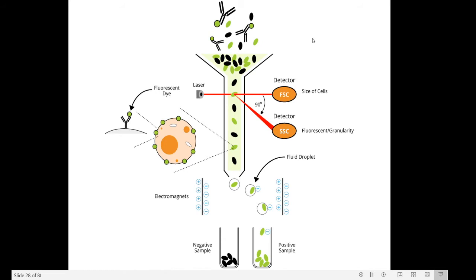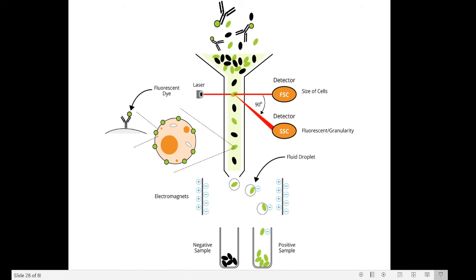Okay, in this step they have the group of cells. That group of cells has an antigen with fluorescent dye on the cell surface, right? This fluorescent dye on the cell surface is the recognition molecule. If there is fluorescence, okay, that is the cell we want, otherwise we don't want the cell.